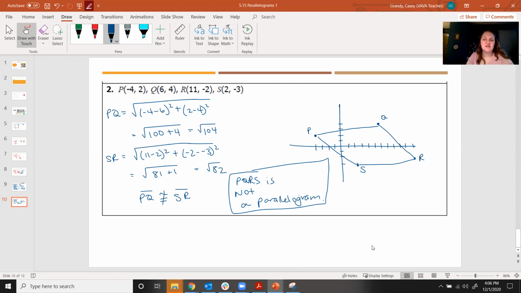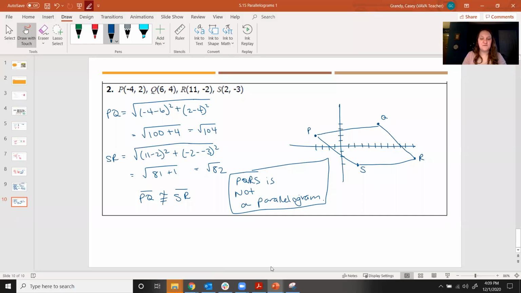But I didn't need to because I just want to see if it's congruent to SR. For SR, I found the square root of 82 to be the length. Well, the square root of 104 and the square root of 82 aren't congruent. Even simplified, they're not. So because those opposite sides aren't congruent, I can stop right there, because as soon as one set of sides aren't congruent, it doesn't even matter about the other sides. So this is not a parallelogram.